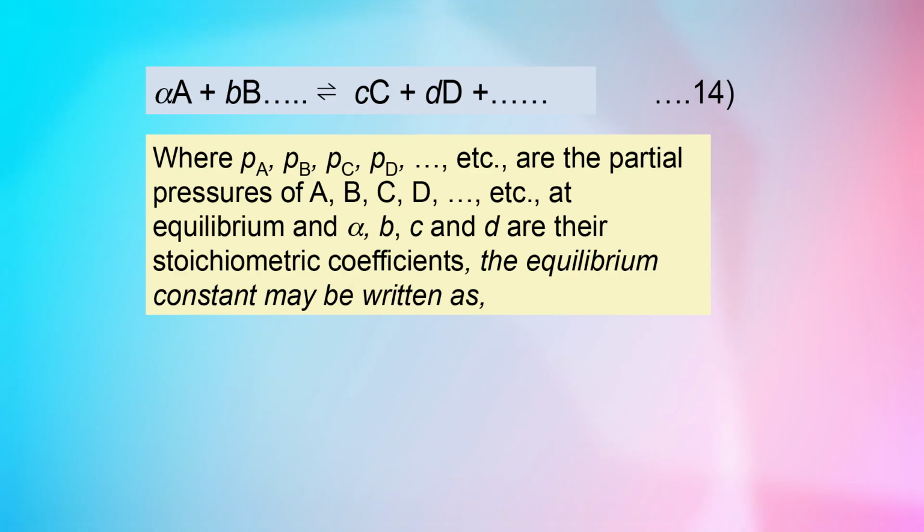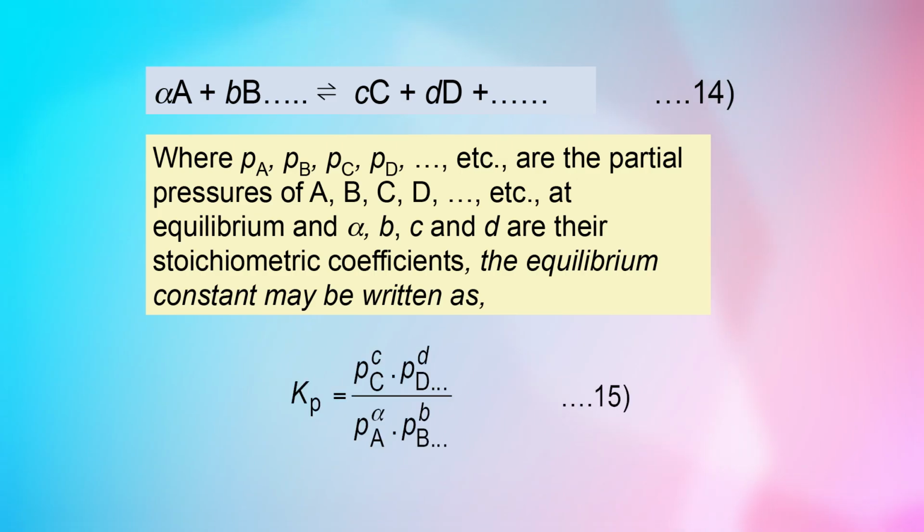Now, at equilibrium, these are the stoichiometric coefficients, and we can write Kp like this. You remember, we have done in the equilibrium constant, first the numerator will have the concerned terms of the products and the denominator will have the concerned terms of the reactants. So, same way here, the partial pressures of the products raised to the power of their stoichiometric coefficients are on the numerator, and in the denominator we put the reactants with their stoichiometric coefficients.